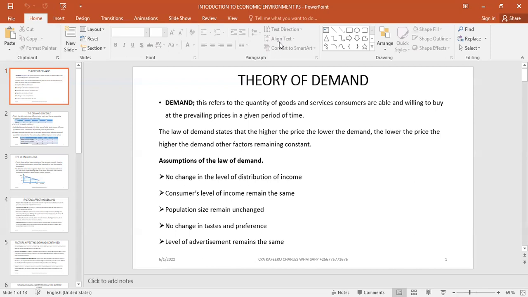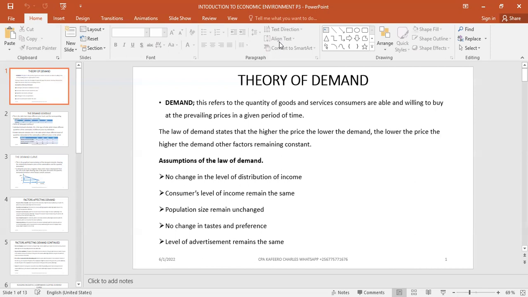You know, with the time factor, we expect that price is supposed to be changing depending on the period because of some causes like inflation and others.